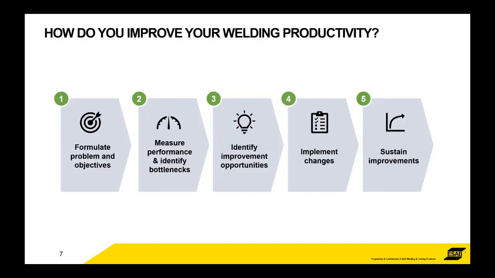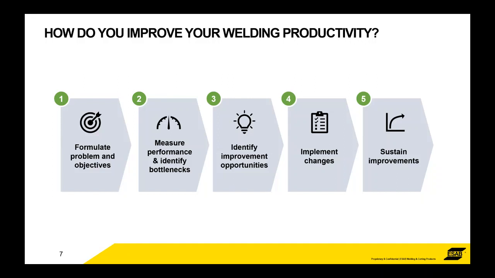So what I will talk about and how this webinar is structured is through these 5 different steps, where we go through how a productivity improvement initiative can be driven. So the first step, formulate the problem and the objectives that you have with what you want to do. The second step is to measure the performance and identify potential bottlenecks that you have in your production.